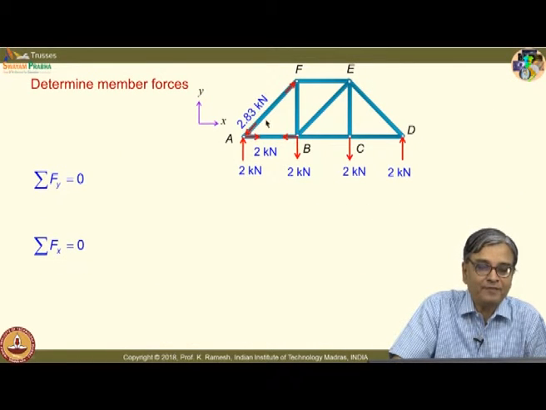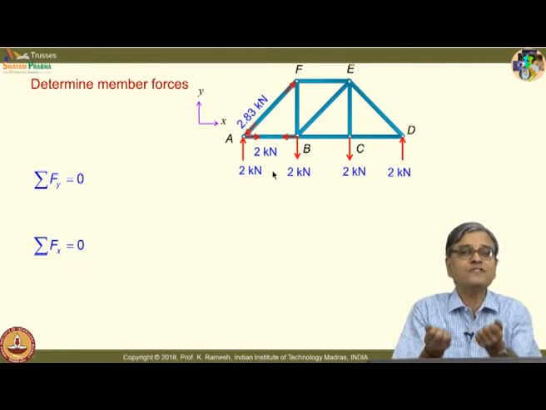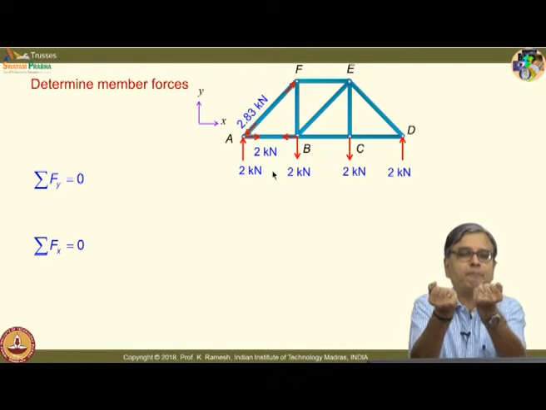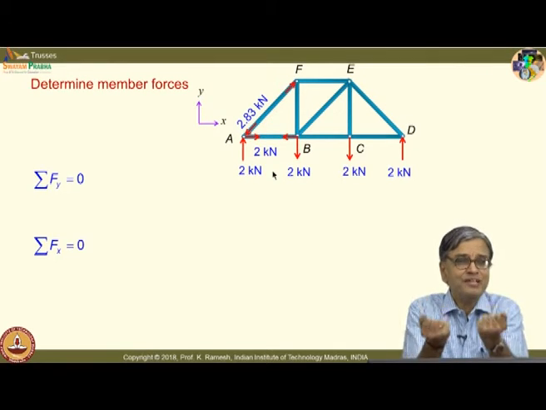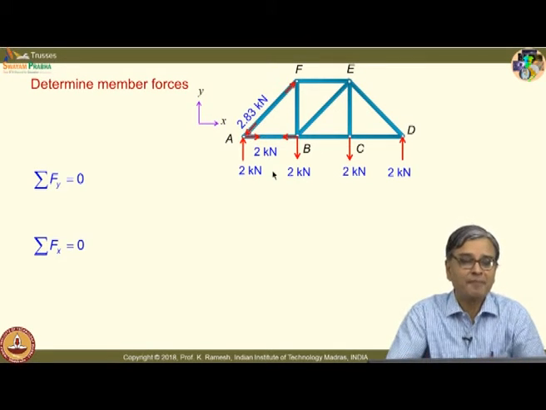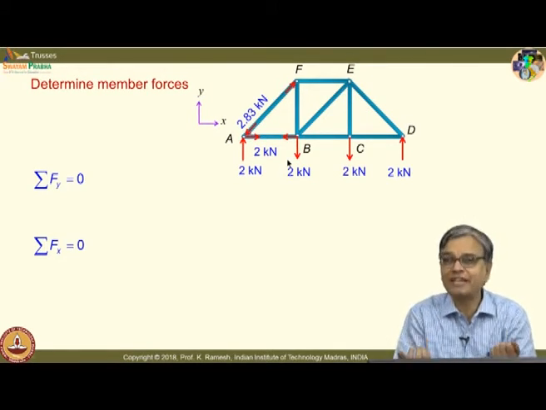So, now I have indicated these forces, and I have also brought to your attention that when I show the force away from the joint and towards the joint, I interpret this as tension and this as compression. Even before you do that, you must also physically see that when I take the member and pull it down, I would obviously expect a member like AB to have tension.